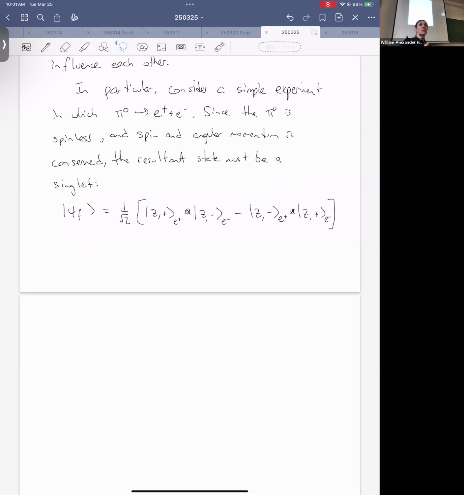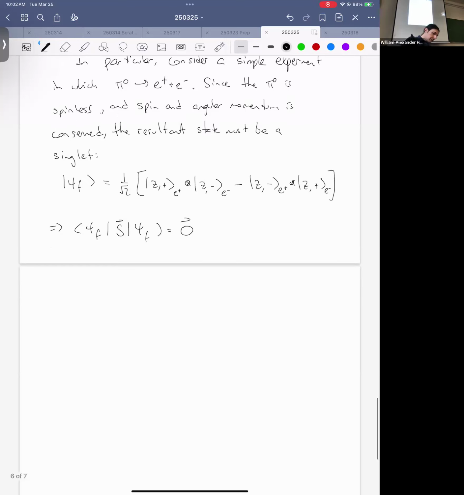So this tells us then that the expectation value of the spin operator is 0. Now let's suppose that in our experiment, we let the E plus and E minus, well, suppose that the pi 0 starts off at rest.